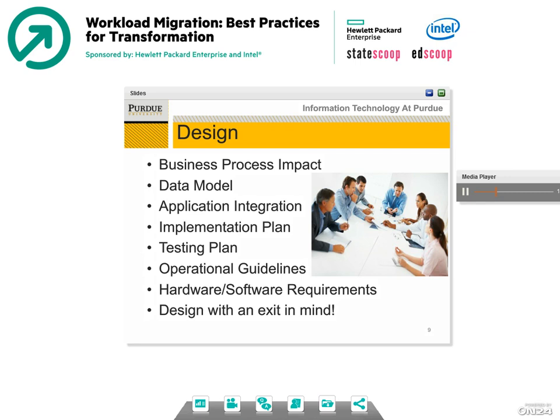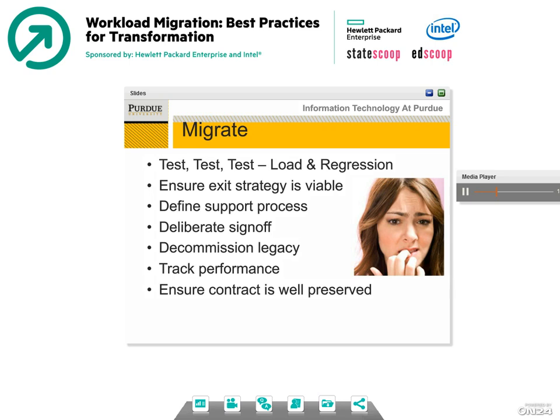We have, in some cases, not done that. That's why it's now on the slides, because we've locked ourselves into some situations for longer than we should have, but we didn't have a good plan for how we were going to exit, and I would suggest that's a critical component for this. So then you get to sort of the migrate step, and this is where the cold feet start happening.